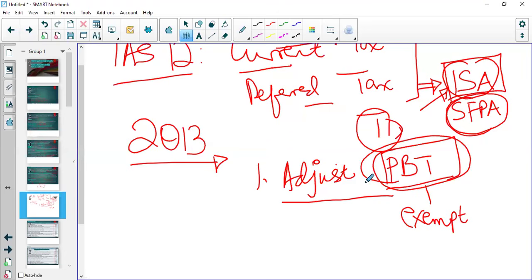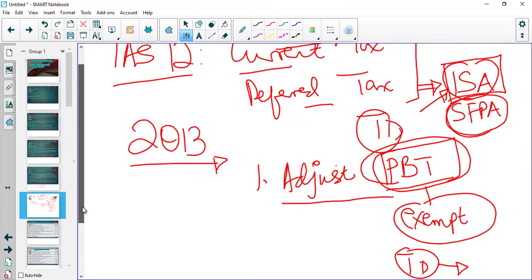Then after adjusting for the profit before tax, we can now focus on adjusting for the exempt differences, which we will remind you, and for the temporary differences, which we will remind you again until we come to the taxable income and current tax.